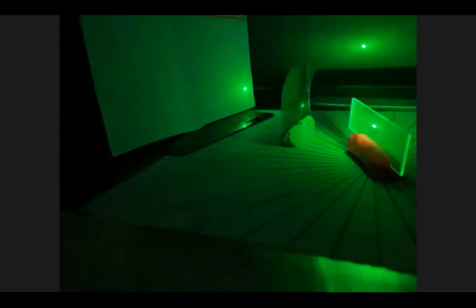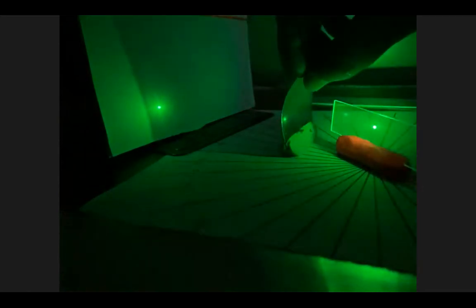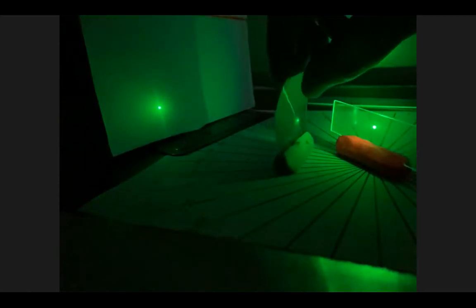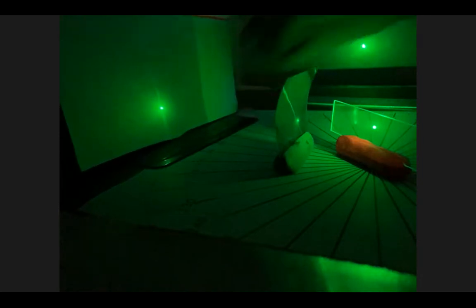Yes, we can see some reduction in that speckle pattern. Now it is much better. So this is the minimum. Let me bring it closer. This is the minimum that we can get. If I increase it in this direction, you see it starts increasing. I'm just moving the screen and my polarizer together.